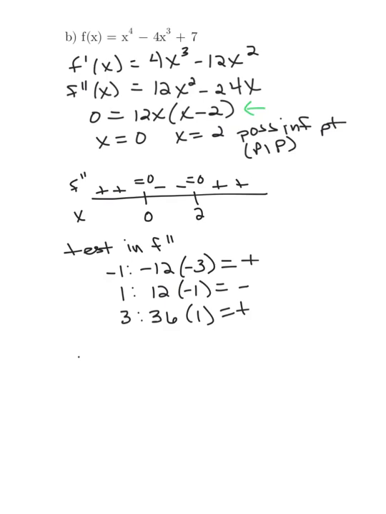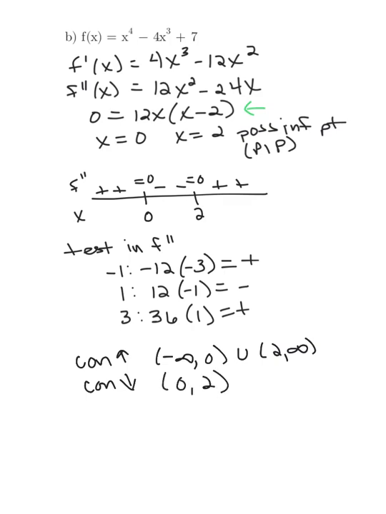So we now know then that this graph will be concave up, negative infinity to 0, and again from 2 to infinity. It would be concave down 0 to 2.